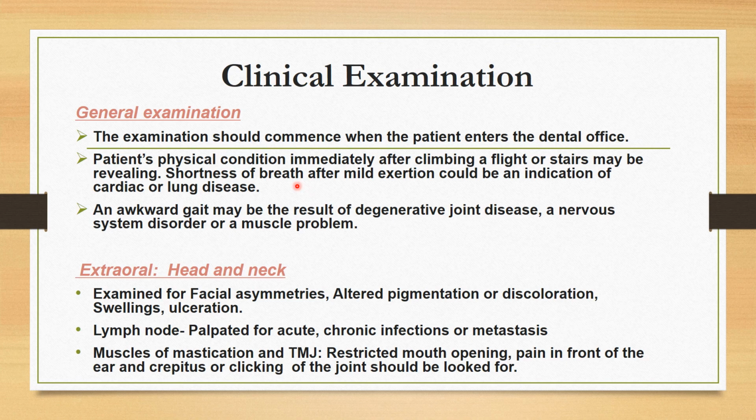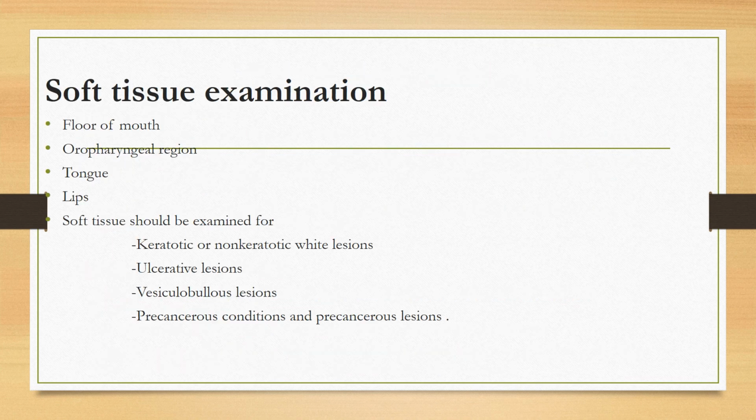Shortness of breath after mild exertion could be an indication of cardiac or lung disease, and an awkward gait may be the result of degenerative joint disease, a nervous system disorder, or a muscle problem. For the extraoral examination, facial asymmetry is to be noted, any pigmentation, lymph nodes, and the TMJ should be checked. Coming to the soft tissue examination, the floor of the mouth, oropharyngeal region, tongue, lips, and soft tissue should be examined for any lesions.